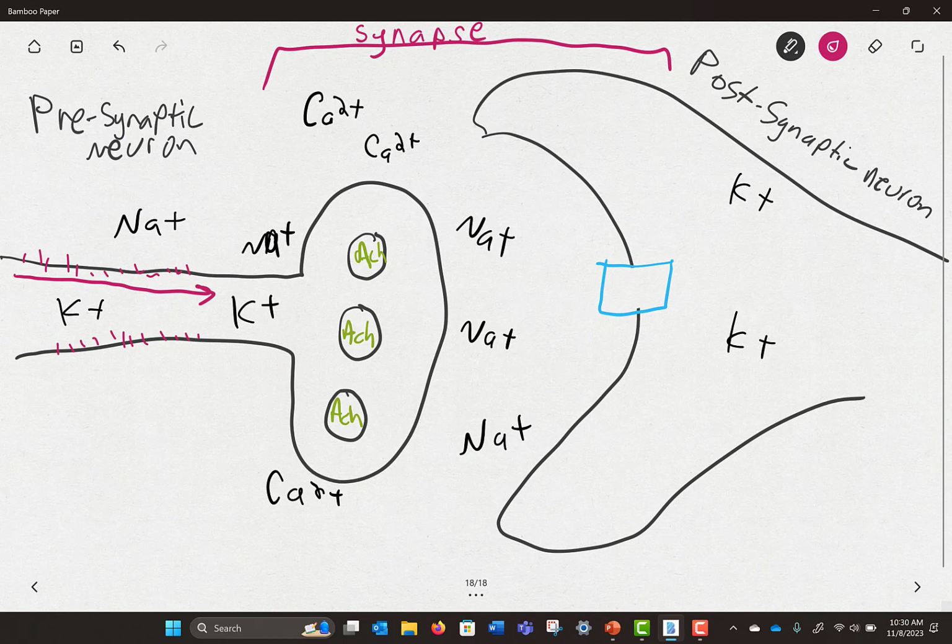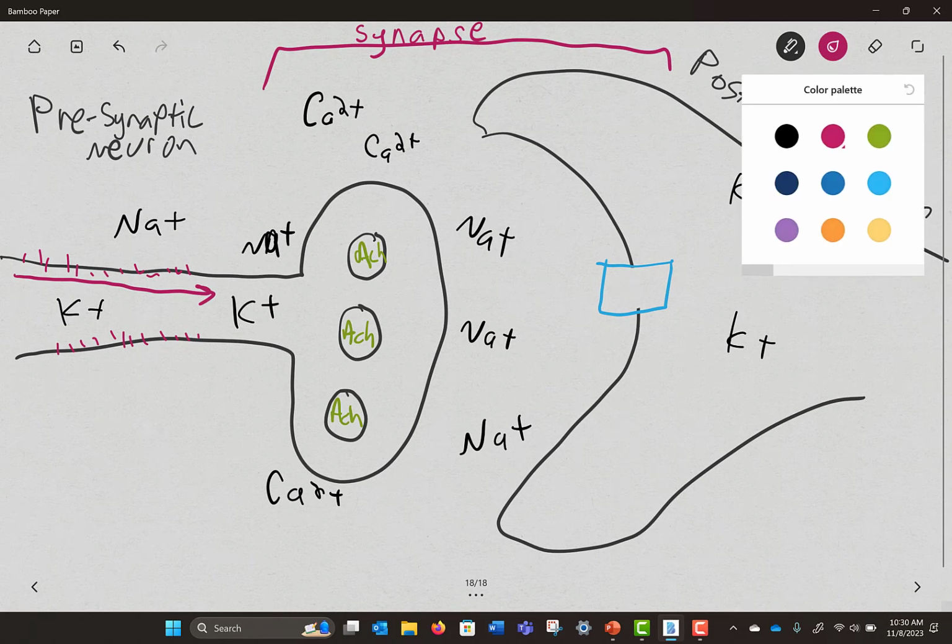Now, when we get to the end, when we get to the axon terminal bouton, well, now we've got that problem that we were just talking about. We've got that open space.